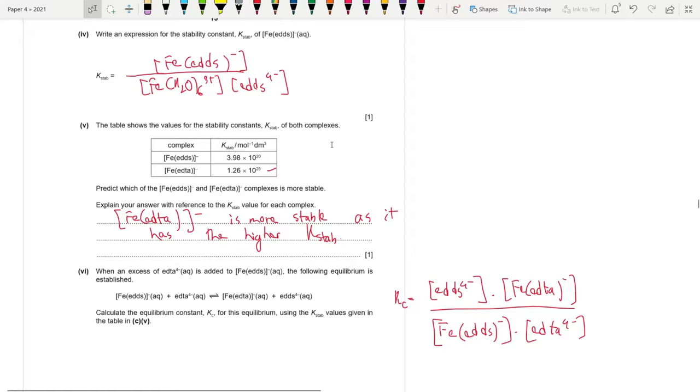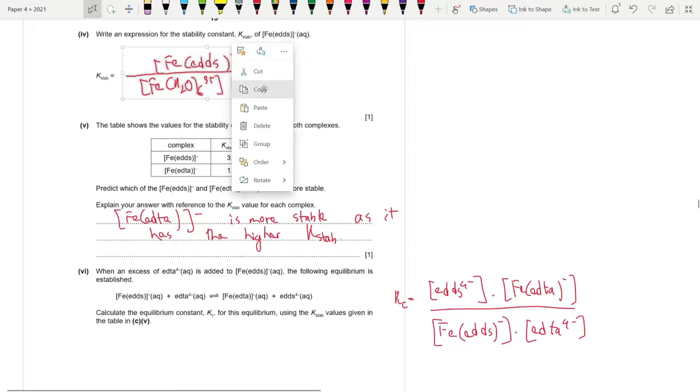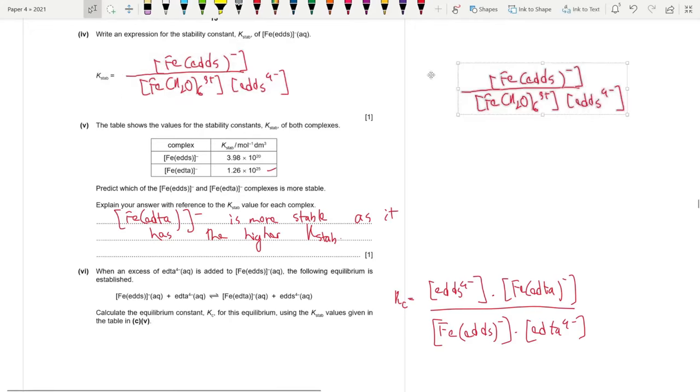Now, how are we going to do this actually? We need to tread carefully. We have one of the K steps already. This is the stability constant, the K step, for FeEDDS.